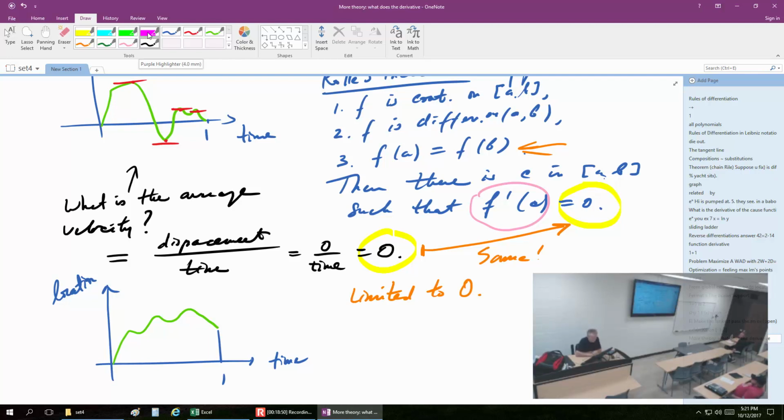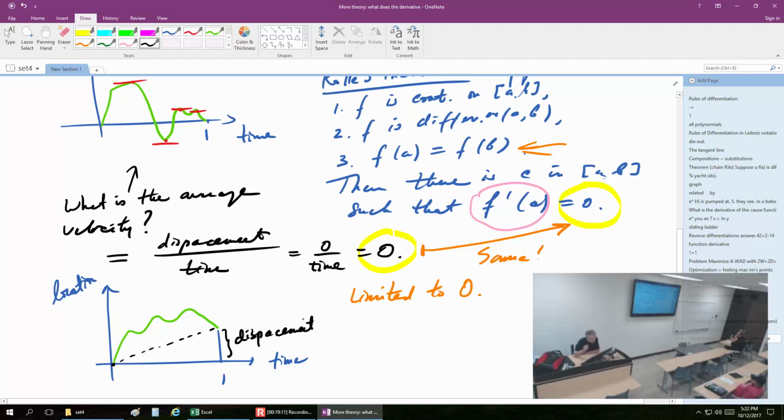You would draw a line from your starting point to your end point and take the slope of that line? That's right. The definition still applies. It's displacement over time, and displacement is this. So this is the displacement, and you divide by time, you have your average velocity. So it still applies, and it is not equal to zero.